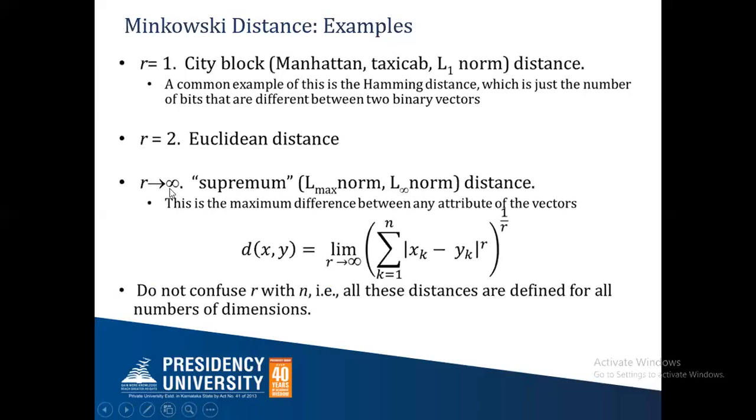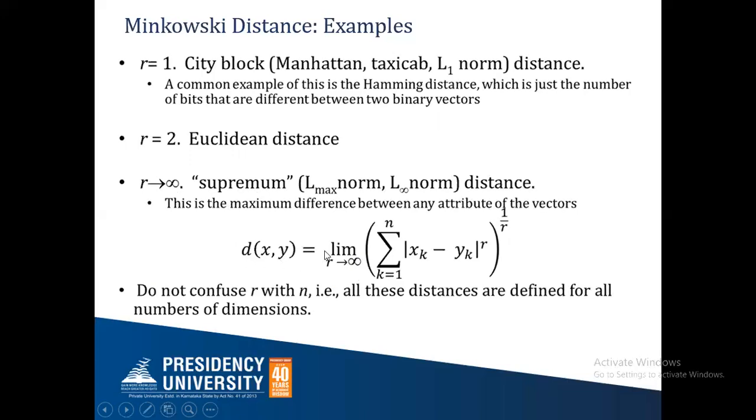If r is infinity, then we call it a supremum distance, wherein we can substitute. So based on the infinite value, we take the limits here. So L max of normalized value, L infinity, we have to take the distance between them. So the maximum distance, the difference between the values of attributes, can be calculated as d of x comma y.